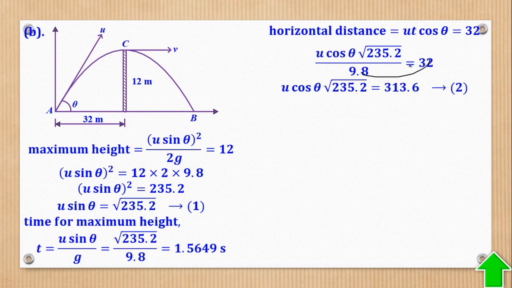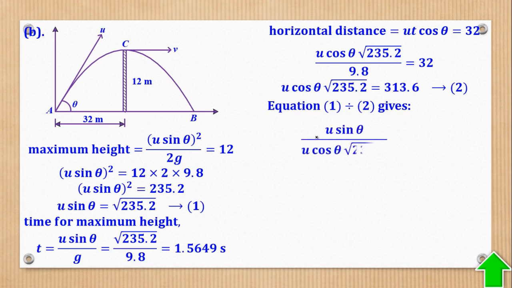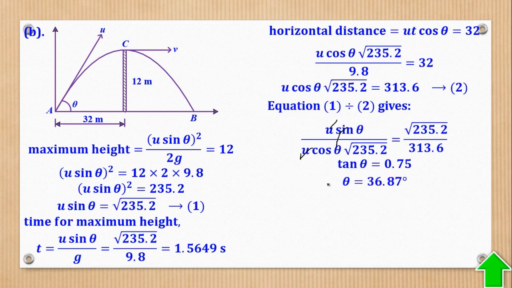I've taken this on this side to come up with this. So there are two equations and two unknowns. You can eliminate u by dividing. So equation 1 divided by equation 2, u will cancel and I'll remain with this sine over cos, which is tan, and it will give me 36.87 degrees.